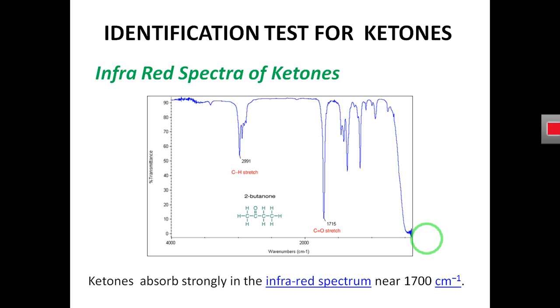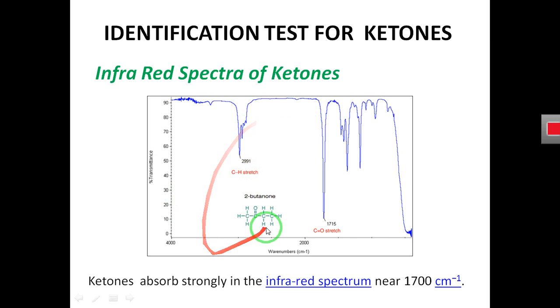We have to run our experiment, and then after running the experiment, we will get a spectra in the form of this graph. This is actually the spectra. So how do we identify whether this ketone is present in the sample or not?